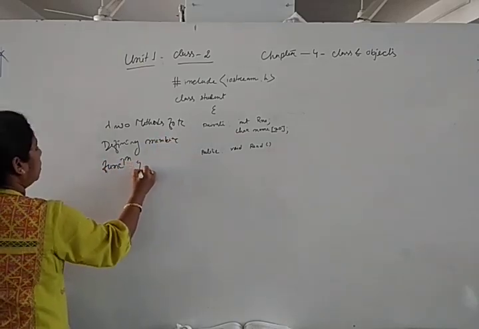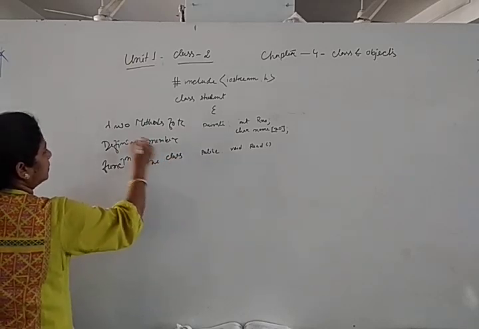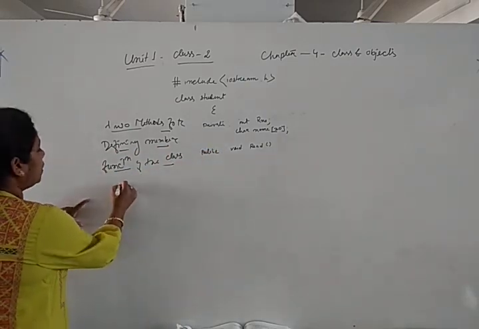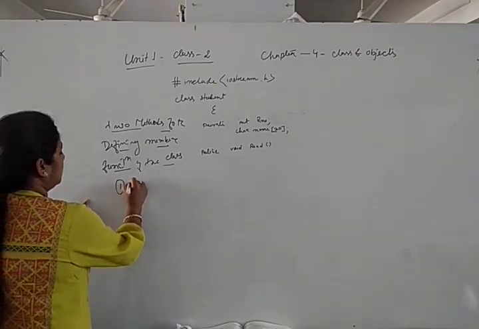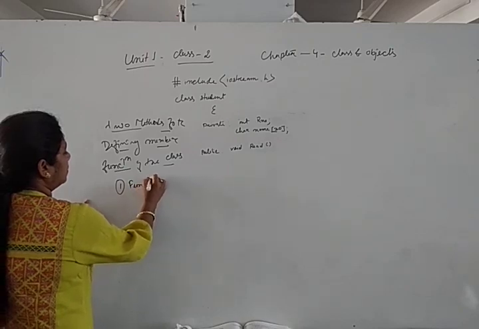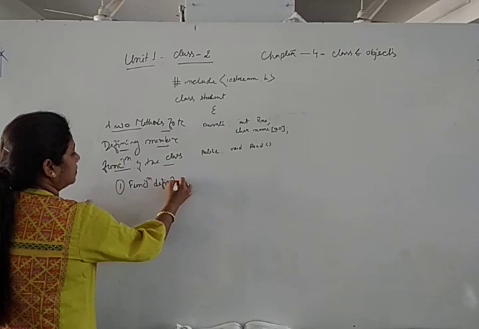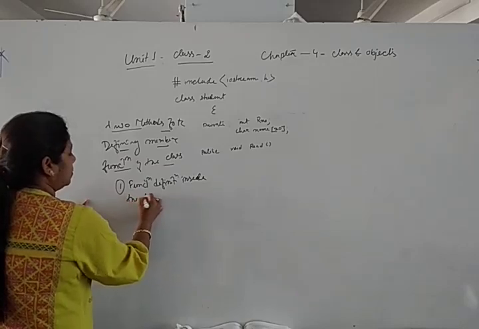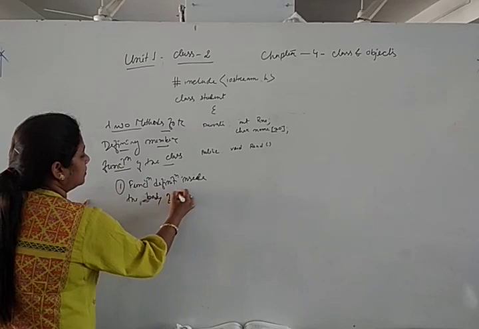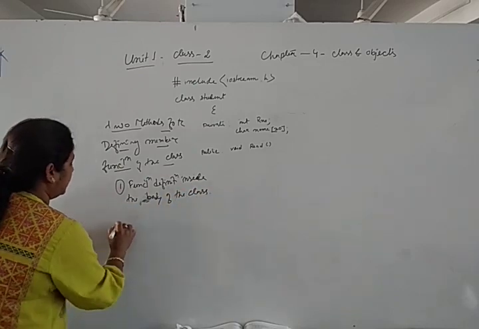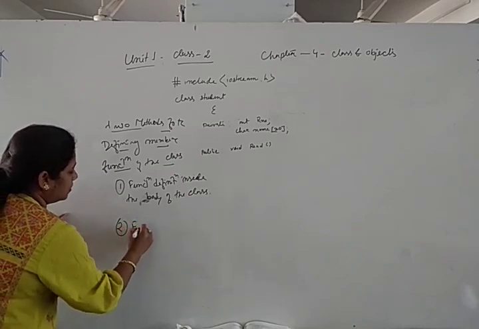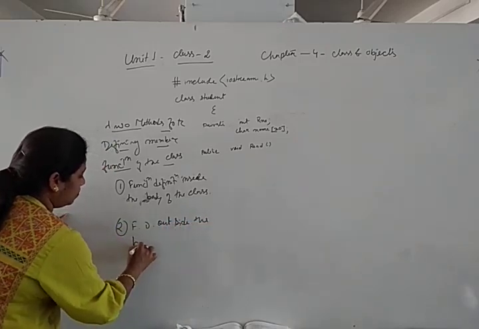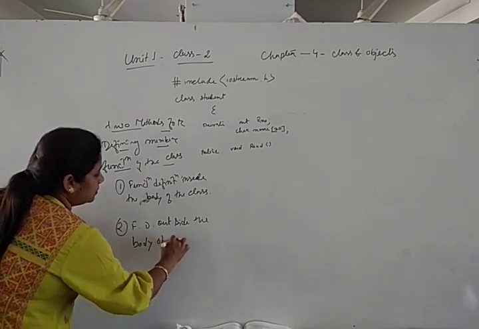There are two methods for defining the member function of a class. The first method is function definition inside the body of the class, and the second method is function definition outside the body of the class.